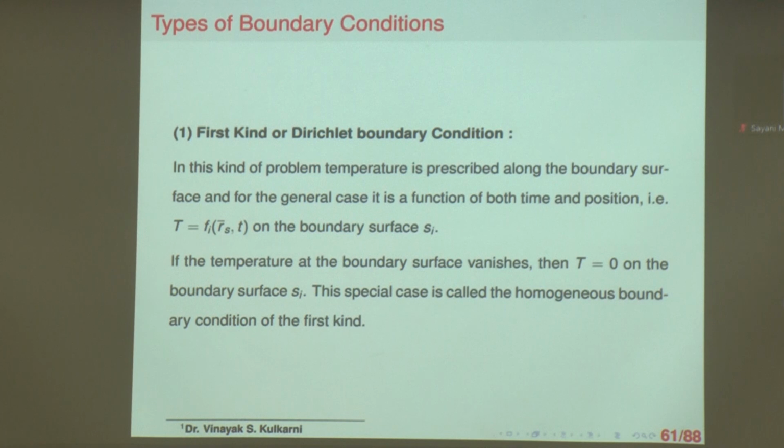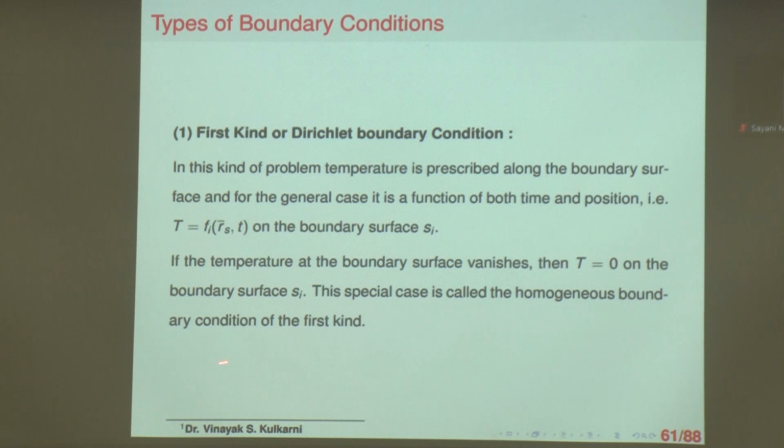Number 1, the temperature prescribed on a particular boundary is some unknown function of position and time. Here you can see T is a function Fi, because it's a multi-dimensional problem, so boundary Si is under consideration. T is some unknown function Fi of position R and time T. So directly the temperature is prescribed on a particular boundary surface.